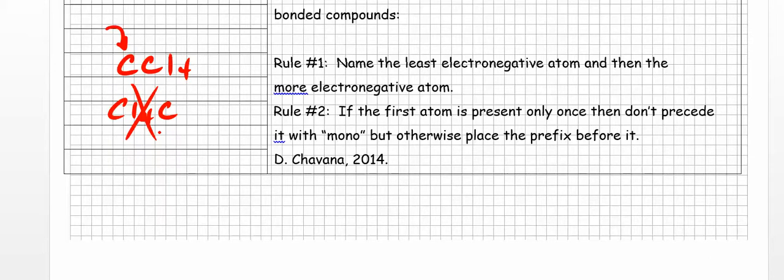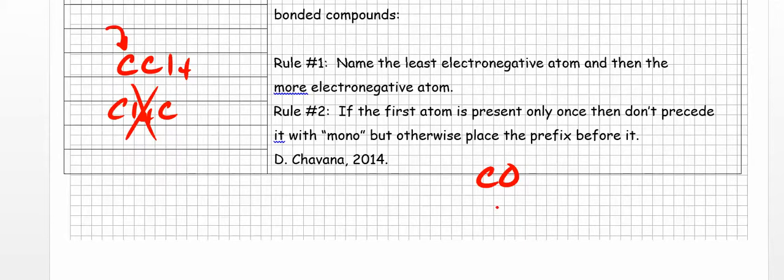Got it? All right, let's do the second rule. If the first atom is present only once, then don't precede it with mono, but otherwise place a prefix before it. So if we have a compound, for example, like this one right here, CO, we're going to call that carbon monoxide, but we don't call it monocarbon monoxide because rule number 2 says that if you've got only one for the first one, and we do in this compound right here, you don't put the mono in front, but you do put the mono for the second one.